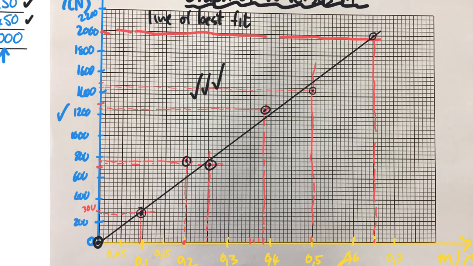So we want to try and get an average line. An average line does not need to go through all the points. It does not need to go through any one single point, maybe 0, 0, yes, because we know that if the mass is 0, there's no weight. So I'm going to draw my line of best fit like that. Now your line of best fit will be different, and there will be error in it.